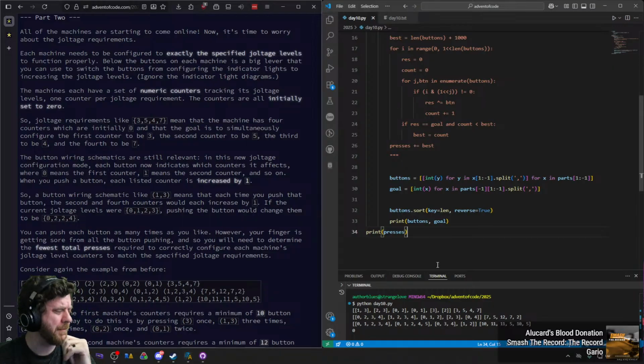I also think, by the way, I'm not going to solve it this way, but this might have a matrix solution. I'm pretty sure this can be solved with matrix multiplication if you are better at linear algebra than I am.